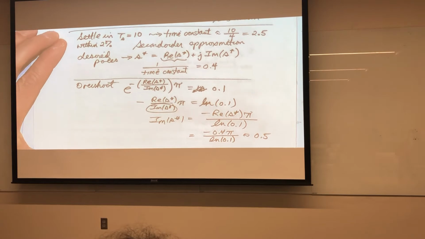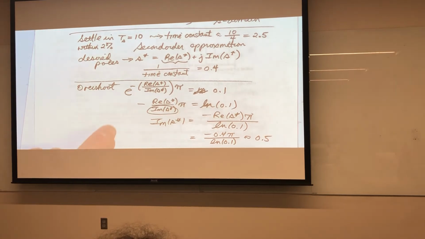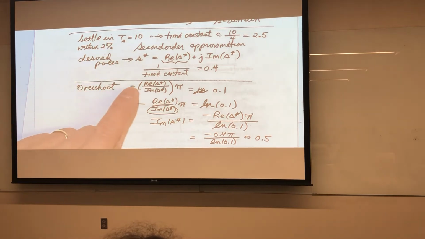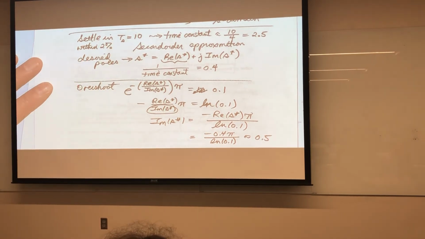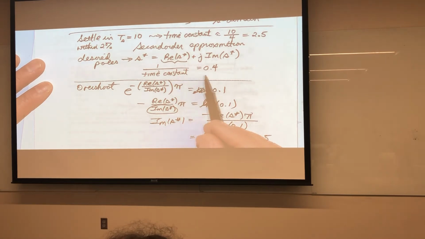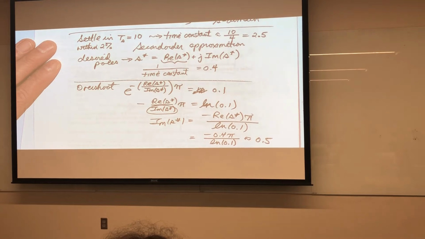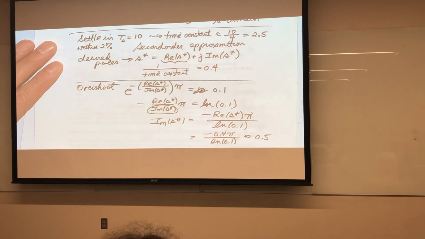So we've done a bit of work. Basically, all this work on this screen is taking time domain information, settling time and overshoot, and converting it into these S domain numbers. It's something that we as electrical engineers would feel very comfortable with.